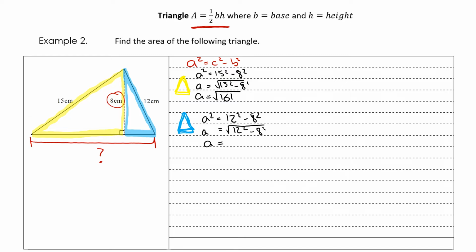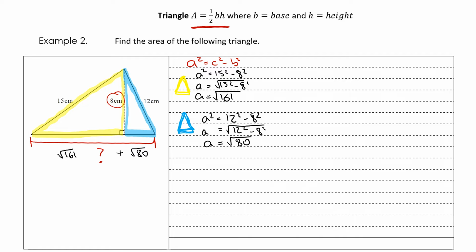I did something funny. There we go. So A is the square root of 80. Now, this missing length here is the square root of 161 plus the square root of 80.